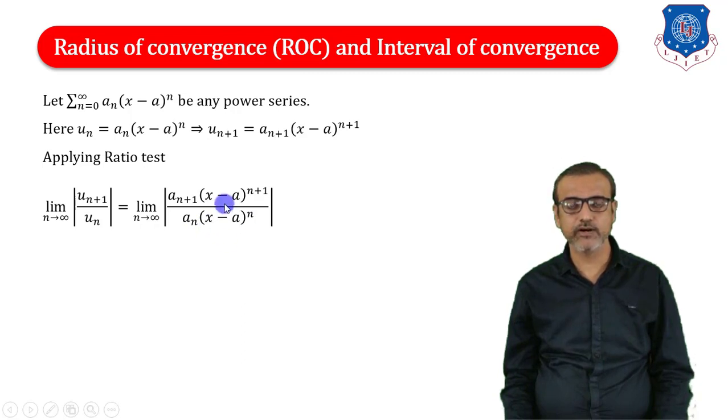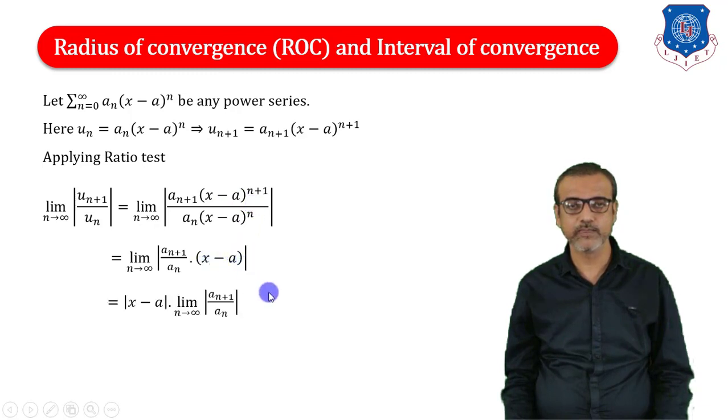Now we will simplify this result. This equals limit n tends to infinity, an plus 1 upon an as it is, times (x minus a) the whole raised to n plus 1 upon (x minus a) the whole raised to n. So (x minus a) raised to n will cancel out, and we have (x minus a) raised to 1.